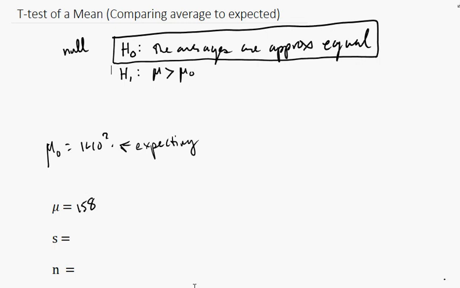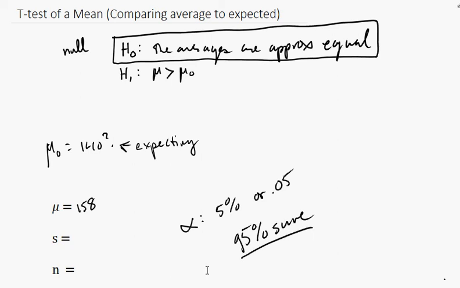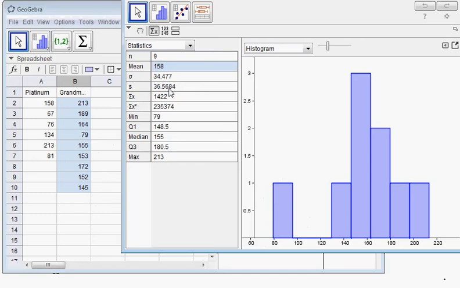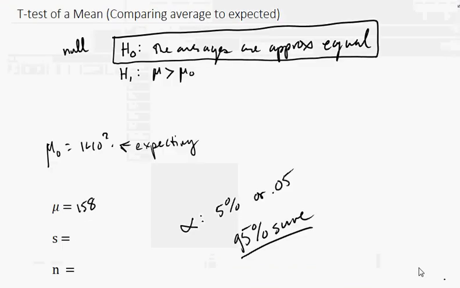There are a few other things that we need to know. One thing is called the alpha level. For our class, we're going to use an alpha level of 5% or 0.05. This means basically we are 95% sure when we're doing a test. Okay, that's important. For the S here, we can do that with GeoGebra. Our S here is 36.6, we'll round to 36.6.